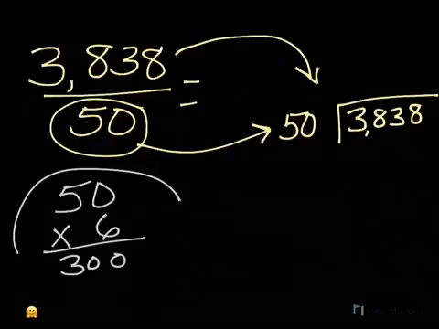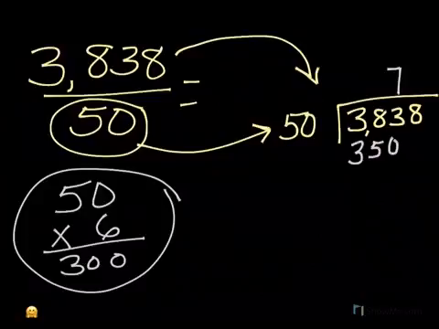I'm going to do a little helper problem to help me out. And it looks like it's going to go in 7 times. 7 times 50 is 350. Subtract. I get 33. Bring down the 8.